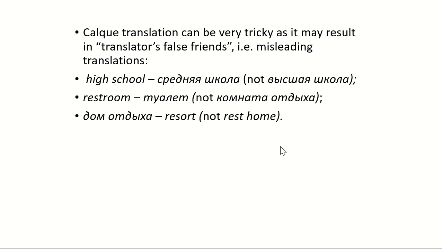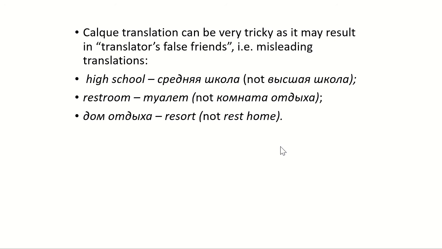But calque translation can be very tricky as it may result in translators' false friends, which can lead to misleading translations, misunderstanding. For example, the phrase high school in English means средняя школа in Russian, but not высшая школа.